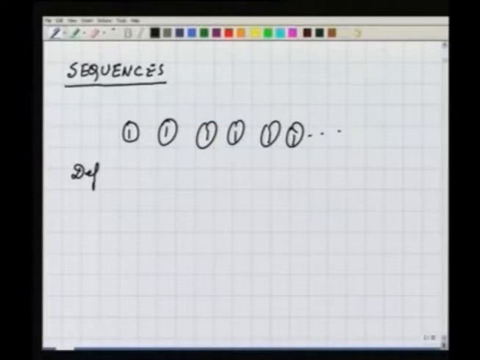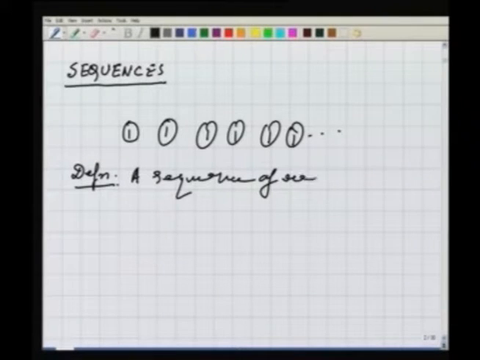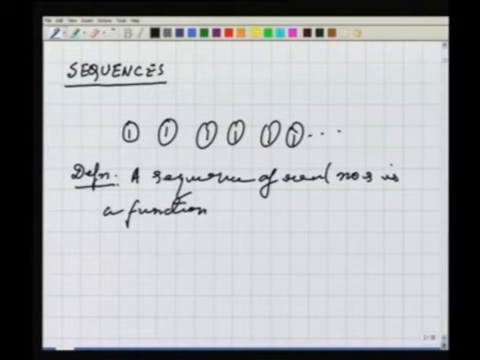So, the formal definition, although it looks pretty abstract, makes perfect good sense: a sequence of real numbers is a function. Well, if it is a function, I should tell you what is the domain and what is the codomain. It is a function f from the set of natural numbers to the set of reals.